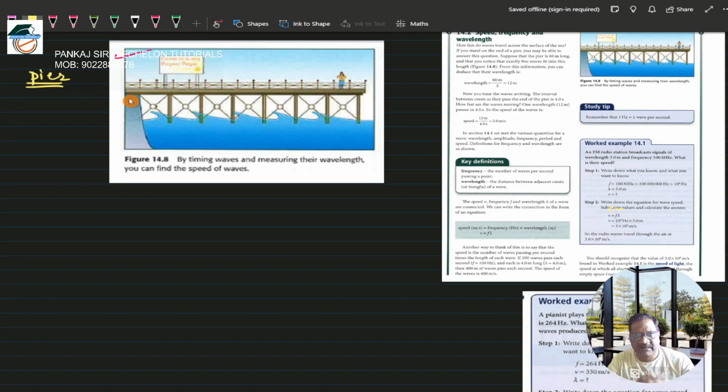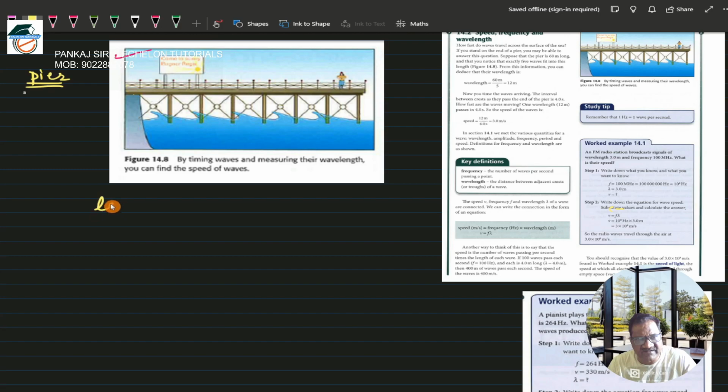Now this pier you can see is shown, and you can see the waves over here. The pier is always made on the sea, isn't it? The question says that this pier is 60 meters long. The length of this pier from end to end is 60 meters.